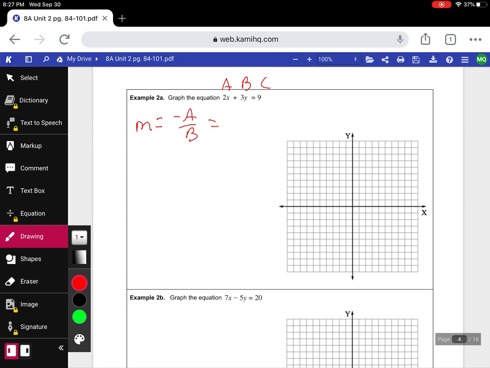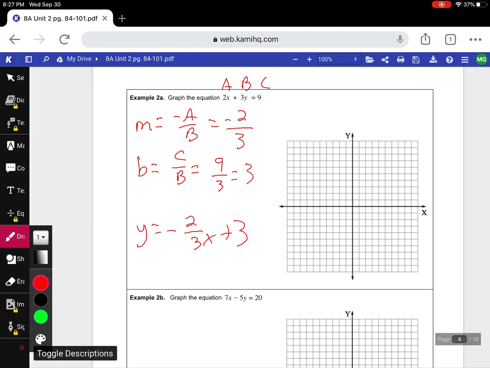This only works if we're converting from standard to slope-intercept. The a is 2, over b is 3. So I have a slope of negative 2/3. I have a y-intercept of c over b. That's going to give me 9 over 3, which is 3. And now I can do y equals negative 2/3 x plus 3.